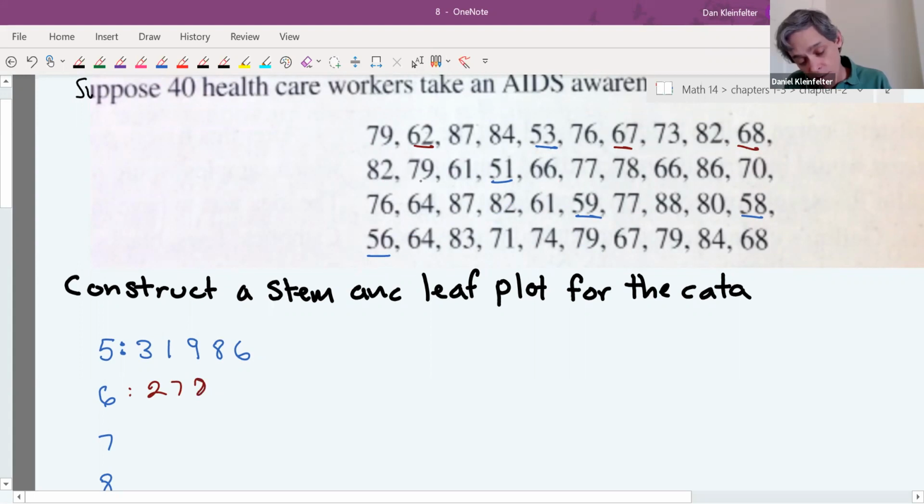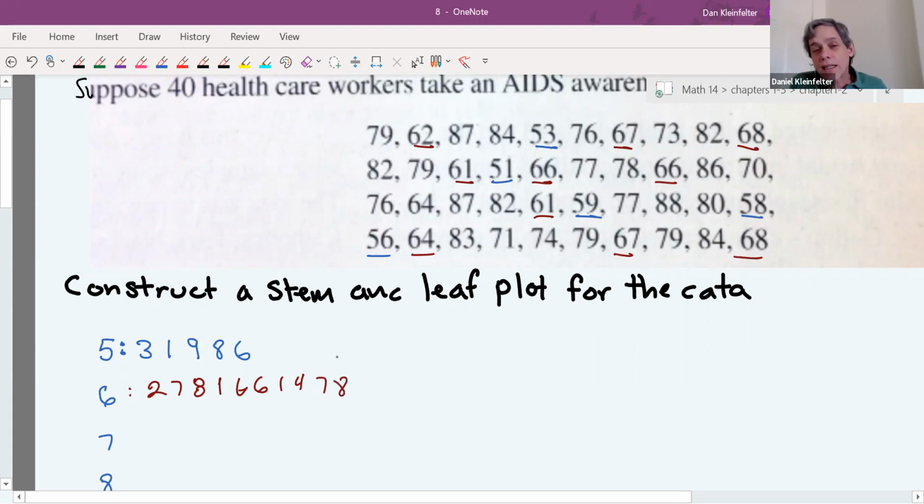In the second row, we have a 61, then 66, another 66, and that's all. And then in the third row, we have a 61. And the last row, we have a 64. Then a 67 and a 68.